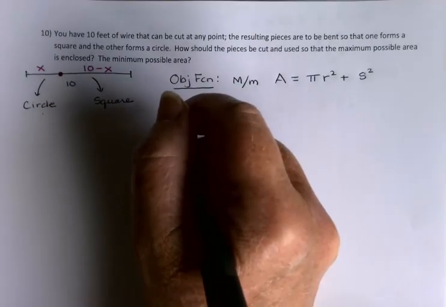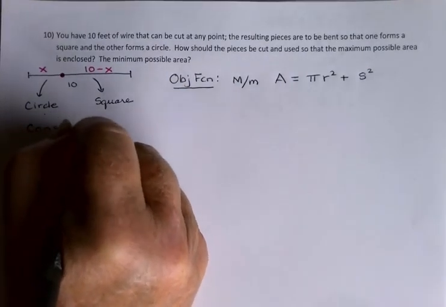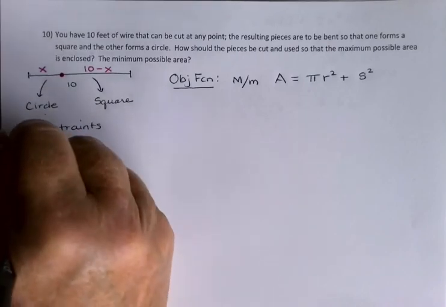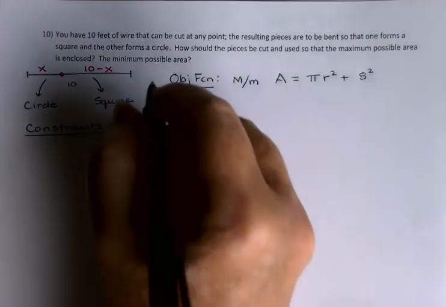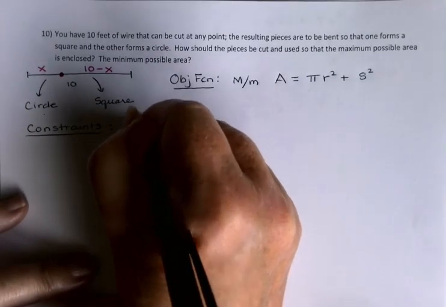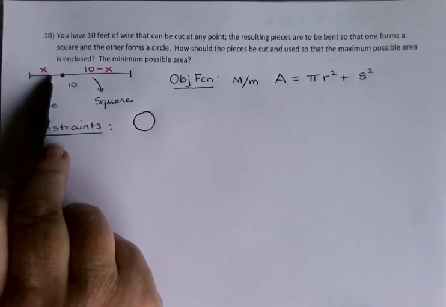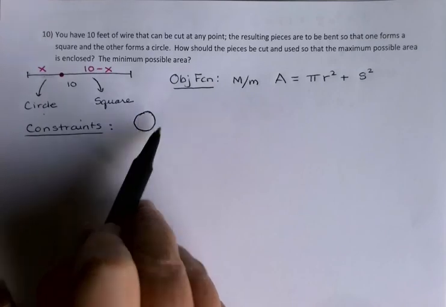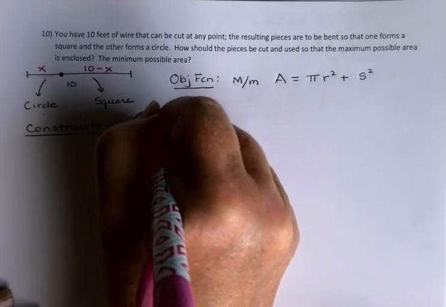So here's where the constraints come in. We're going to use two of them this time. For the circle, I know that the piece of wire that was x units long is now all the way around here on the circumference of my circle, right?